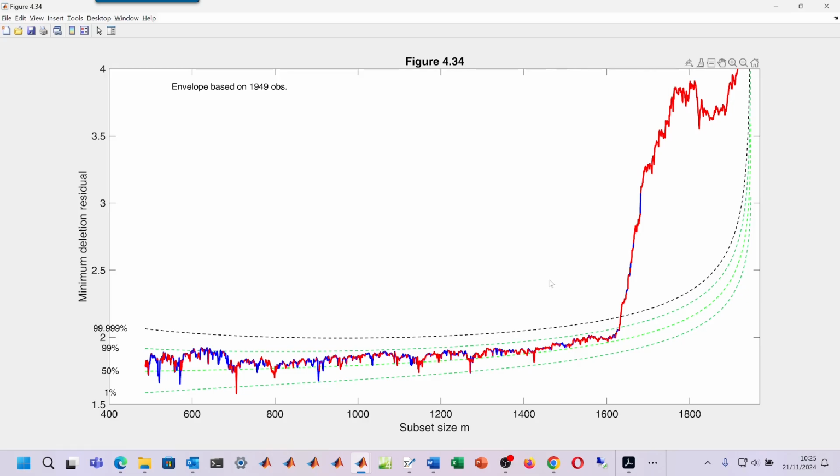So if the data are homogeneous, it's unlikely that this trajectory would go outside. However, as we see just after m is 1600, it moves up vigorously. Finally, it is worthwhile to notice that this plot has two colors, the red colors and the blue colors. The red is associated with the residual which is positive.